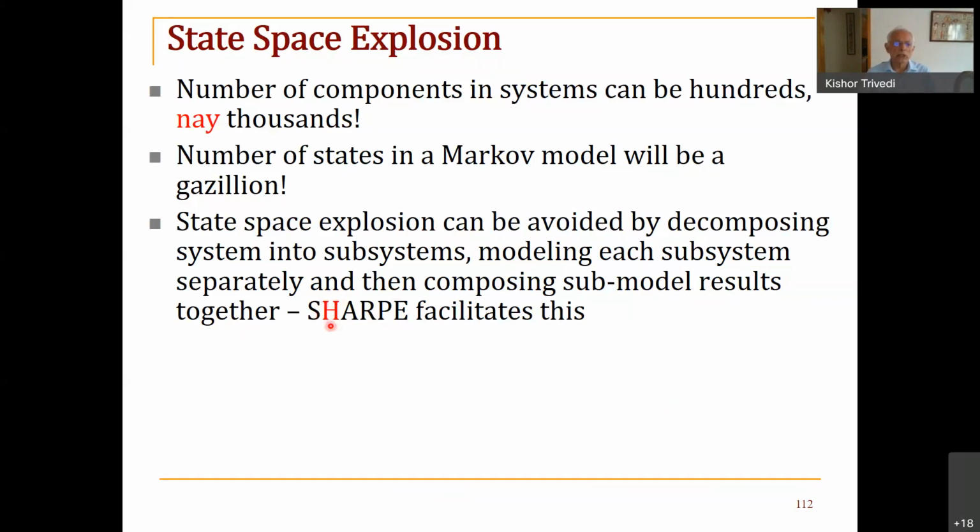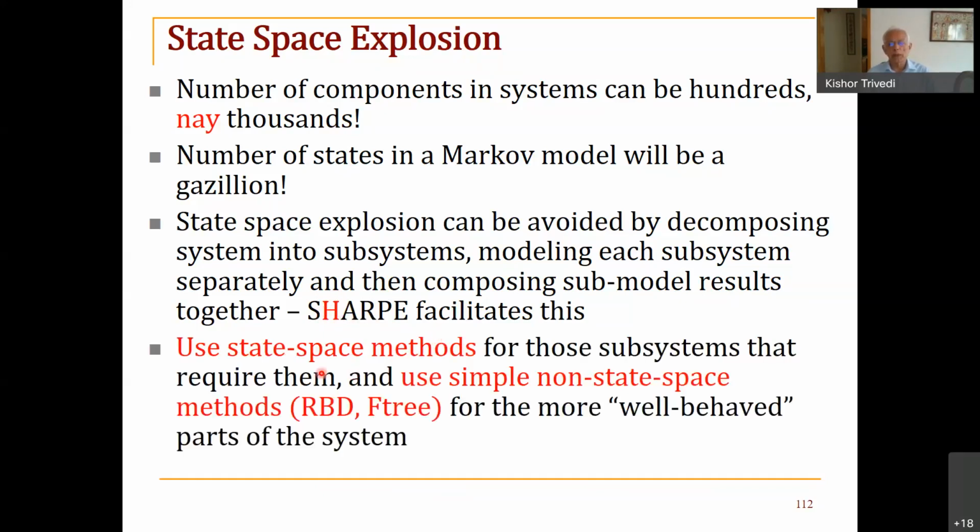The H in the SHARPE acronym stands for hierarchy. We use state space methods for those subsystems that require them because dependency is heavy, and simple non-state space methods such as RBD and fault trees for the more well-behaved parts of the system, where dependence either doesn't exist or is very weak. Let me illustrate these ideas by simple examples.